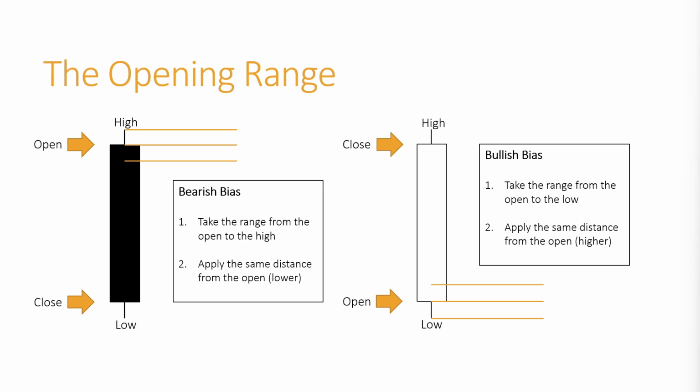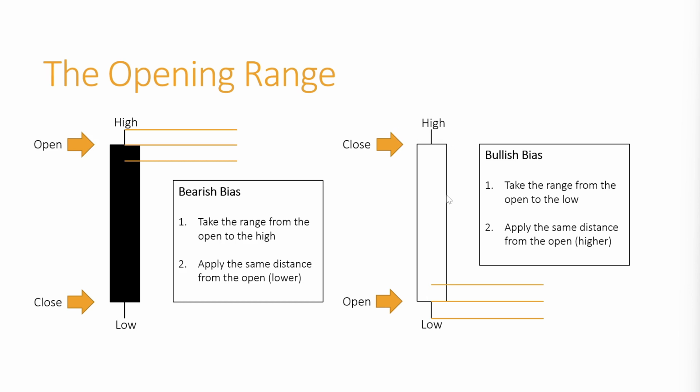And the opposite's obviously also true if we have a bullish bias. So remembering our power of three, we're going to be expecting the market to open and trade lower. And so this is again going to be our accumulation phase. So this is where smart money is going to be trying to get positioned long for that move upwards before we have distribution between the close and the high.